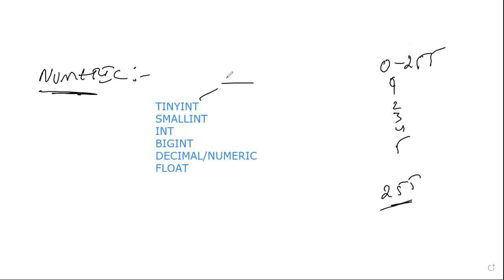Tiny int can store up to 0 to 255. Tiny int does not store any negative values. So you can underline this one.